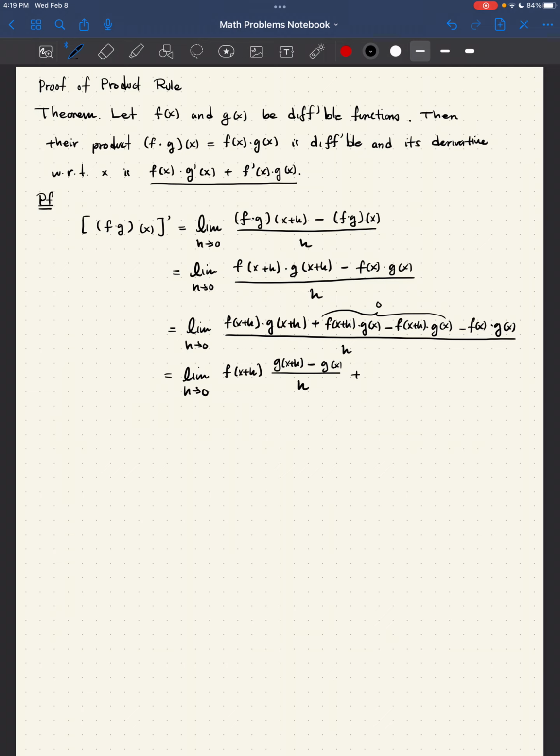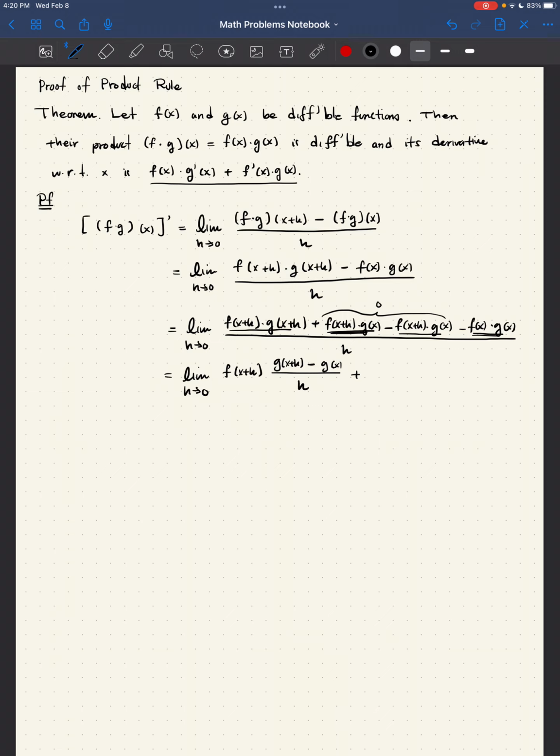Now I'm going to factor the following expression: this one goes with this one. So now this one that I'm underlining here will go with this one, and they have in common g of x. So I'm going to write it in the following fashion.